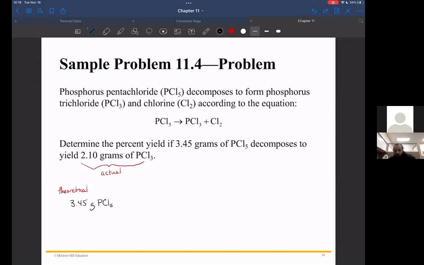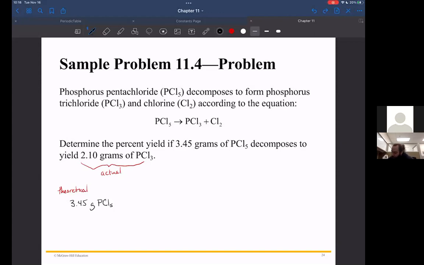What I like to tell students, because sometimes it can be confusing, when do you use molar mass, when do you use solution concentration, et cetera: when in doubt, get to moles, okay? In order to use your balanced chemical equation, you have to be in terms of moles of your reactants and products. So our first step is to get from grams to moles. And to do that, we'll need the molar mass.